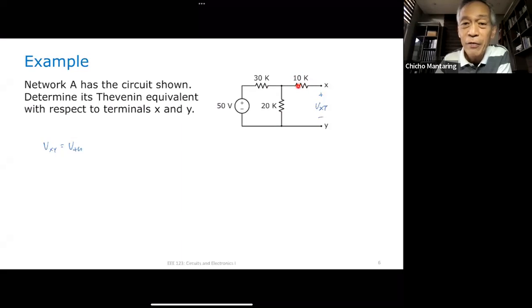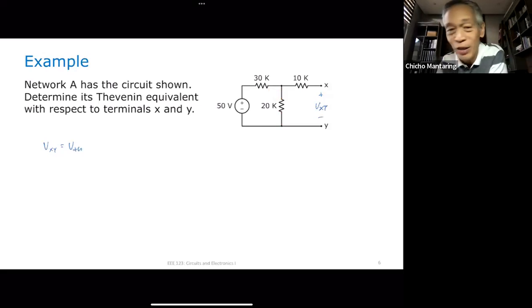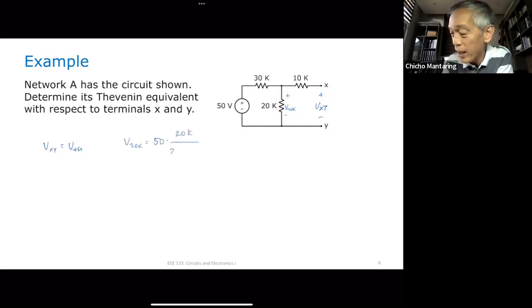If these two are in series, then it's easy to get the voltage across your 20K. Actually, your first answer was correct. It's 20 volts. Because you're getting the voltage here, let's say V20K. V20K is equal to 50 multiplied by 20 over 20K plus 30K.